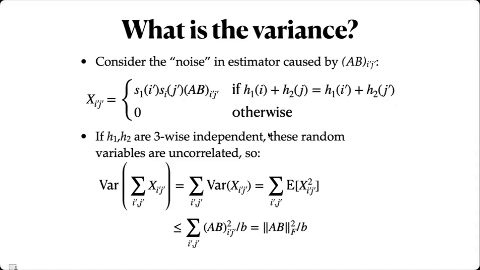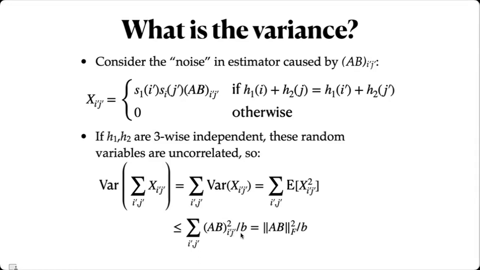And furthermore, these are uncorrelated, so we can compute the variance just by summing the variances of events. So basically, we get a contribution to the variance of the i prime j prime value squared divided by b.